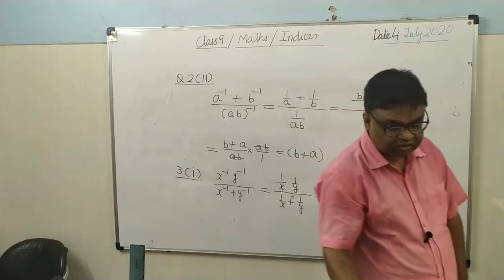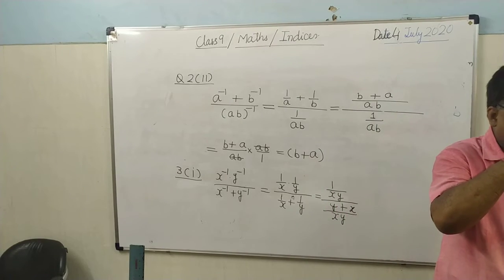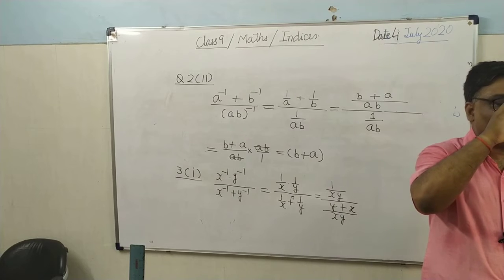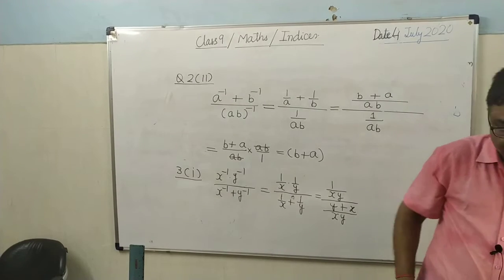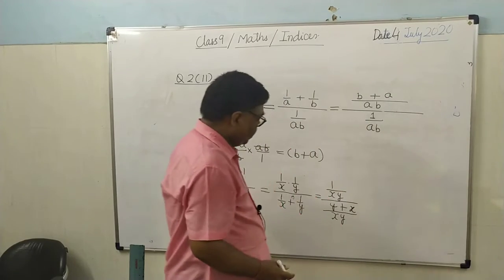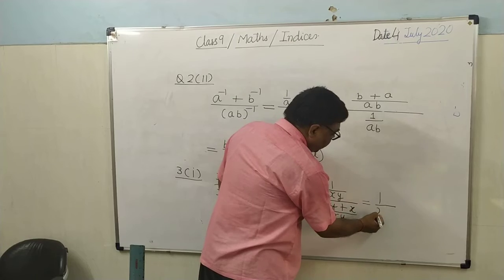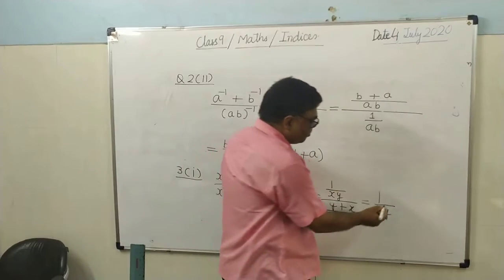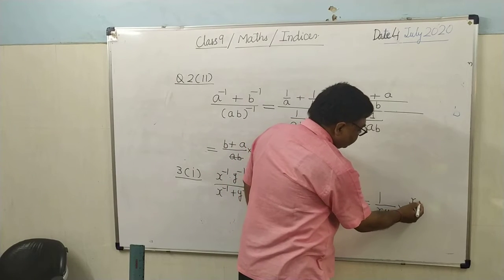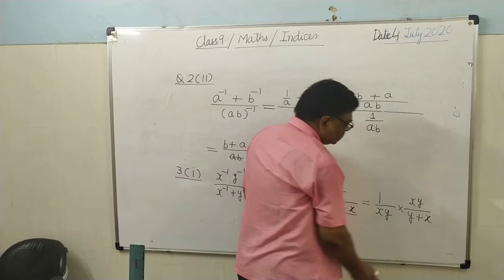So see here. Now this can be further simplified. 1 upon xy will invert and multiply, so xy upon y plus x.